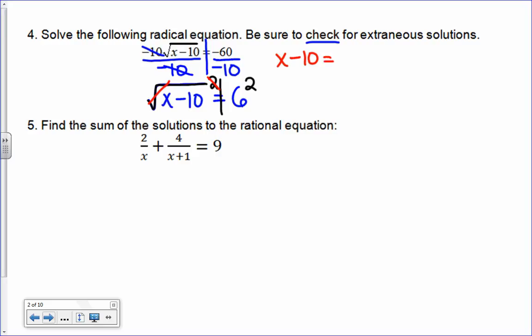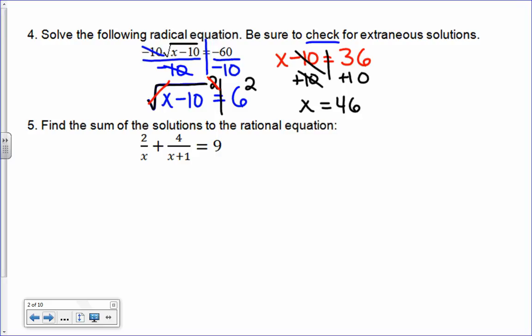On the other side, 6 to the second power is 36. So right now we have x minus 10 equals 36. The final step is to add 10 on both sides of the equal sign, and we get x equals positive 46.